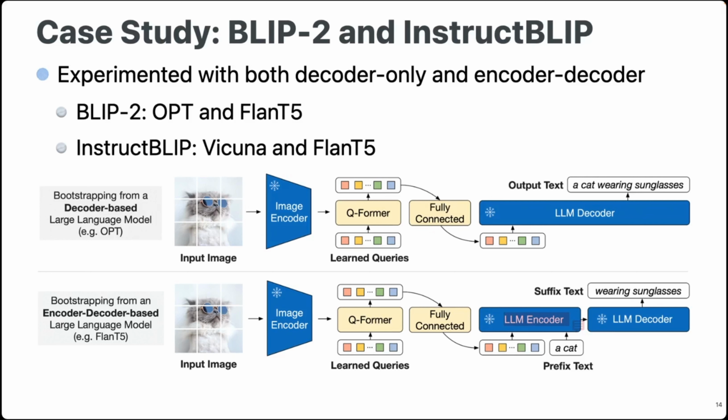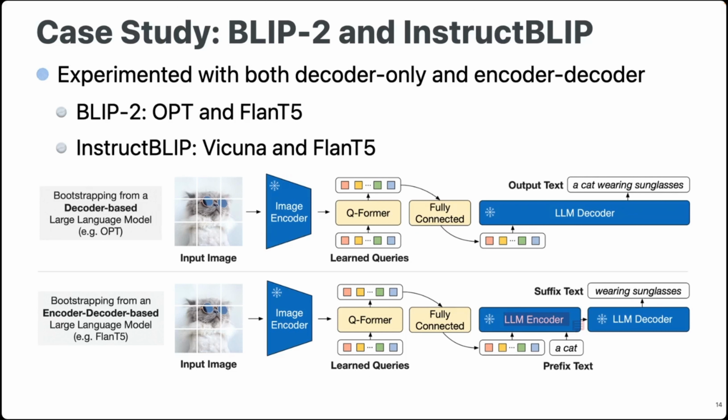As we can see here, we have a frozen image encoder. Images are fed into the image encoder, and then distilled into a latent representation and fed to the Q-Former. The Q-Former is basically a bridge between the image encoder and the language model decoder, and the Q-Former will be fed the learnable queries.